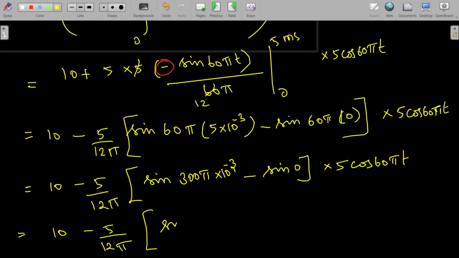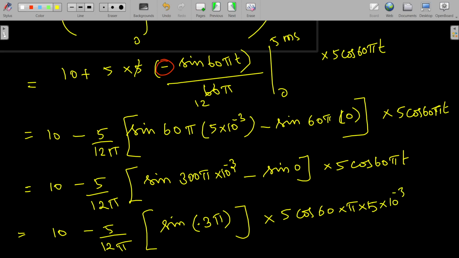So this is sine of 0.3 pi, and sine 0 is 0. Then 5 cos 60 pi t, where here also you can substitute t as 5 into 10 power minus 3, so cos of 0.3 pi.